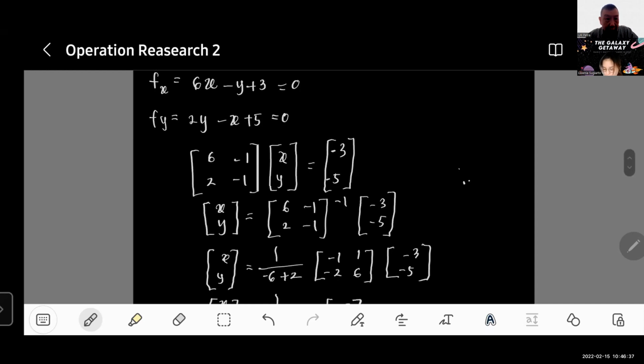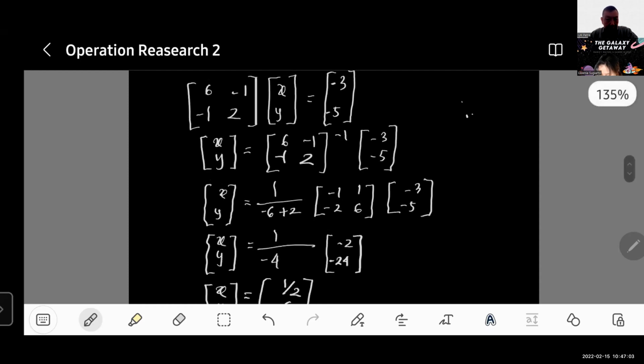Oh, I made a mistake. The determinant is here, this should be 11. I missed that. So the determinant is 11. It should be 1 here and then 4. Wait, so 1 minus this, and this one should be 2, and then the determinant, 2, 1, 1.